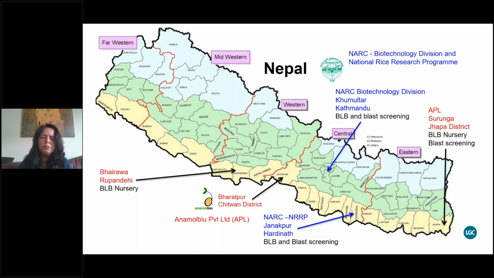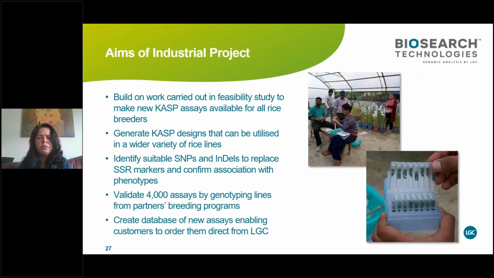So going into more detail about the aims of the industrial project, it was to build on work carried out in the feasibility studies and make these KASP assays available to all rice breeders. We wanted to ensure that the KASP designs could be utilised in a wider range of rice varieties. The other aim was to identify suitable SNPs in the indels to replace SSR markers and the confirmation of phenotypic trait-specific markers.